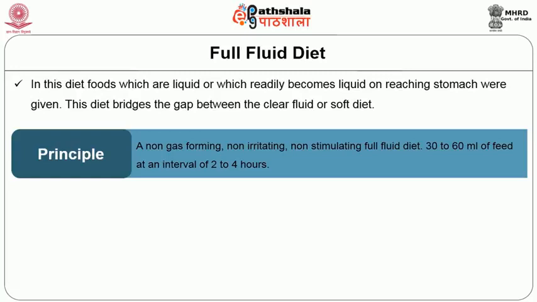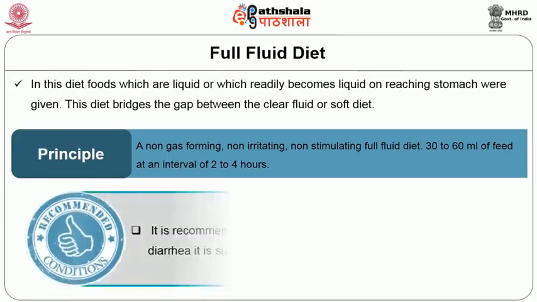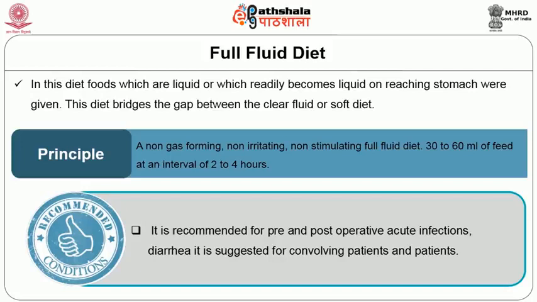Here also, the feeds are usually 30 to 60 ml per feed with an interval of 2 to 4 hours. It is recommended usually in pre and post operative conditions, during acute infections, diarrhea, and it is suggested for other patients as well.